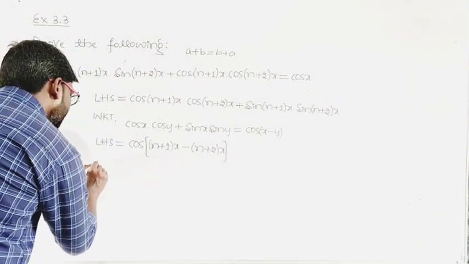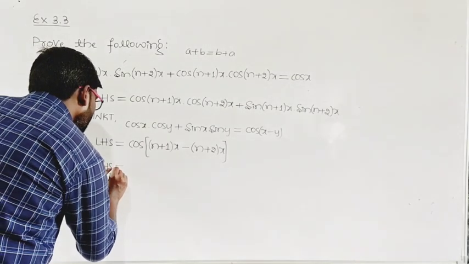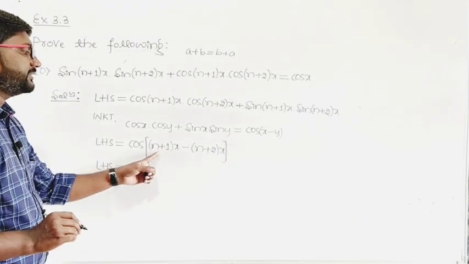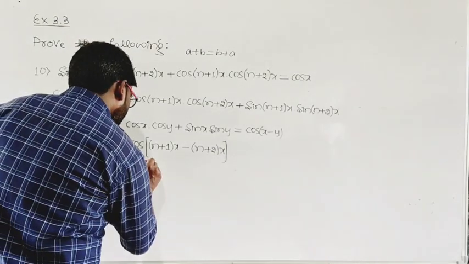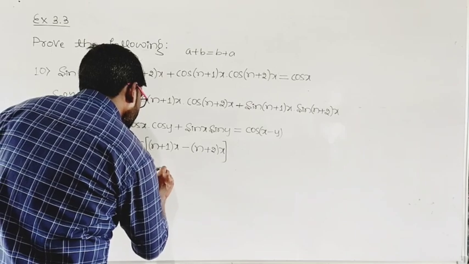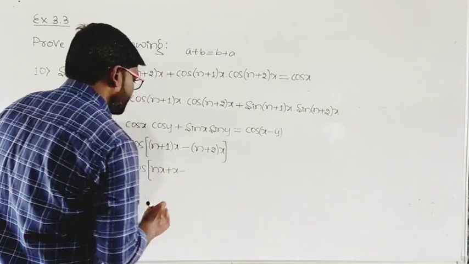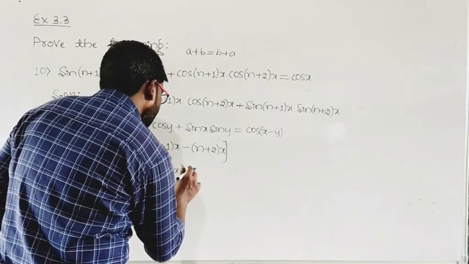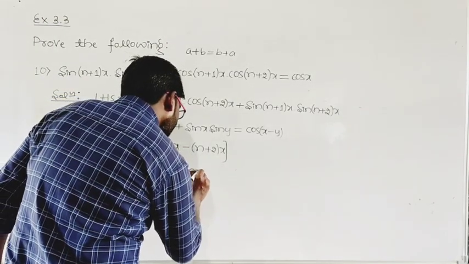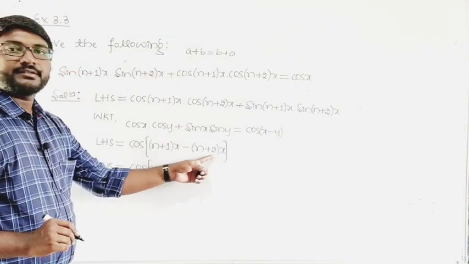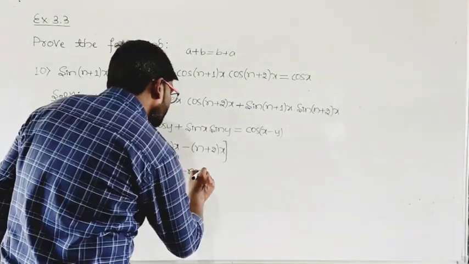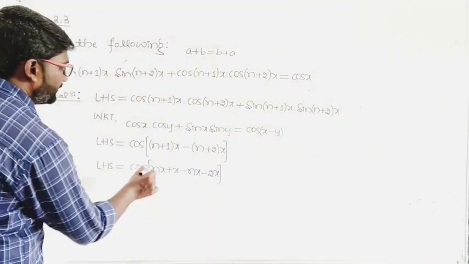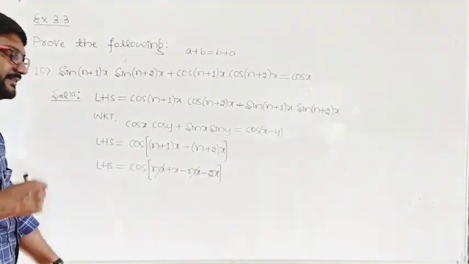Now let us simplify this. Left hand side is equal to cos, multiply x with these two terms. What do we get? nx plus x, minus, we have the minus sign. Now multiply n into x, we get minus nx. Then x into 2 is 2x, but here we have the minus sign, so we get minus 2x. Close the bracket. Now nx minus nx get cancelled.